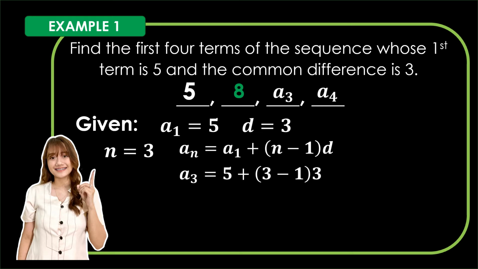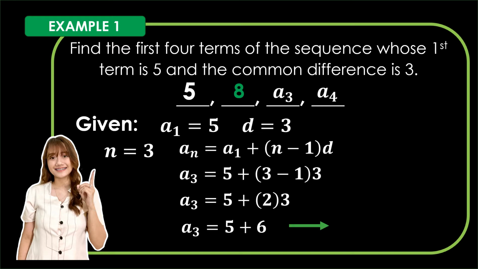Following the PEMDAS rule, we have a sub 3 is equal to 5 plus 2 times 3. We know that 2 times 3 is equal to 6. Now copy 5. Now we have 5 plus 6.